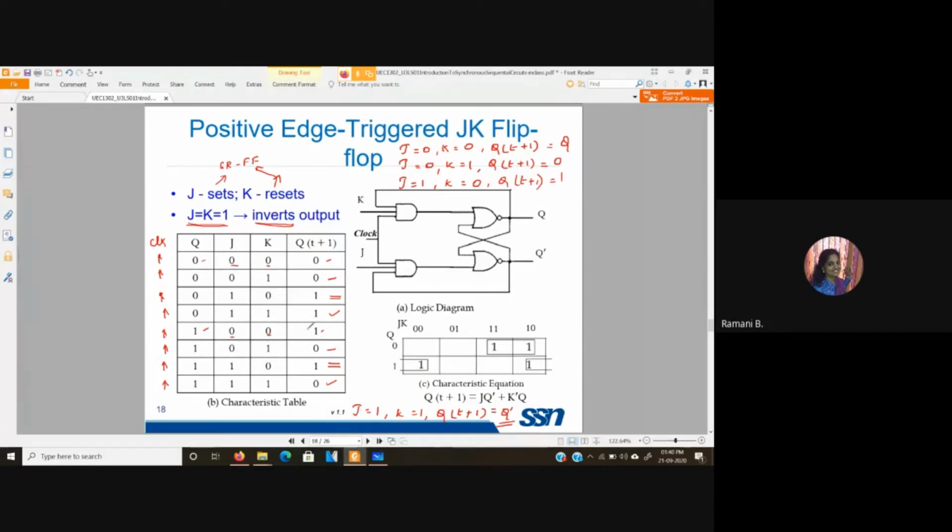Again, in the same way, this is called the characteristic table, and the equation found for Q of T plus 1 we call the characteristic equation. Here we have ones, so you can write Q of T plus 1 as the summation of minterms 2, 3, 4 and 6.